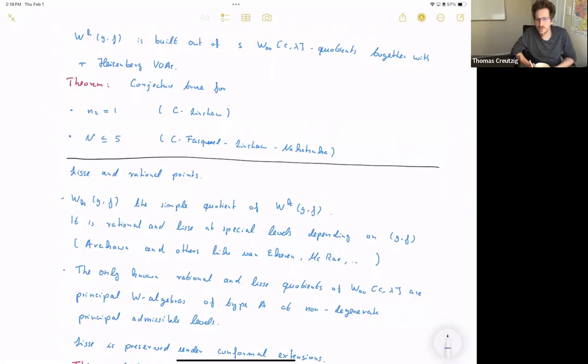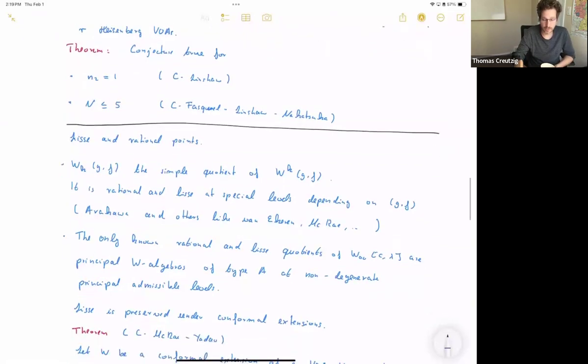Then you would hope that maybe sometimes, since you quotient by quite a bit, the simple quotient has a chance to be Lisse and rational, or just Lisse. And the answer is, for the W-infinity of Andy, surprisingly rare, maybe.